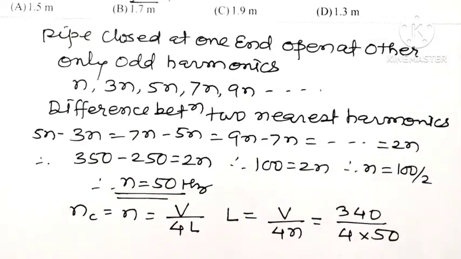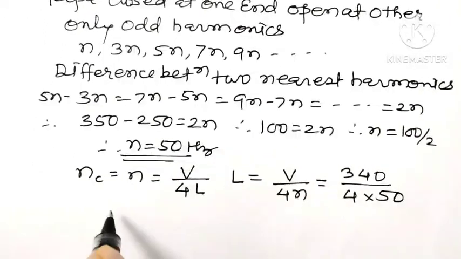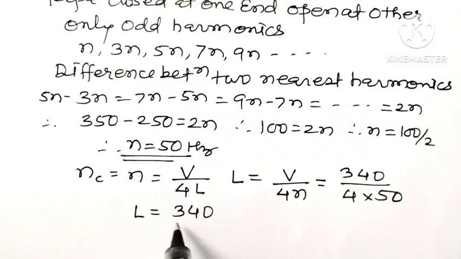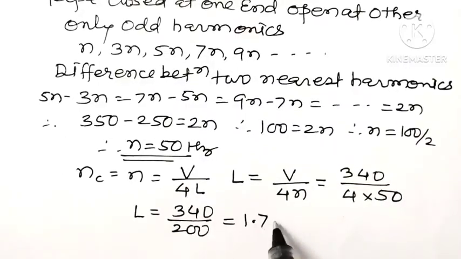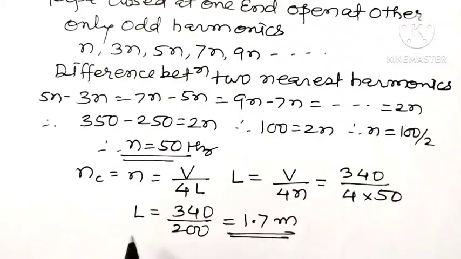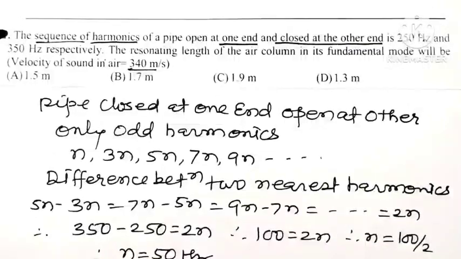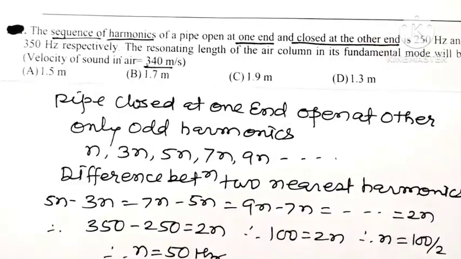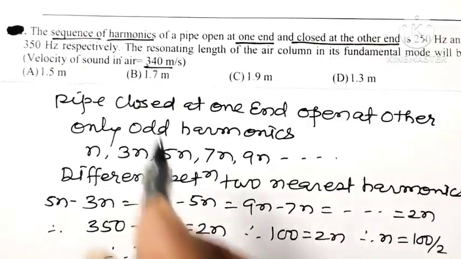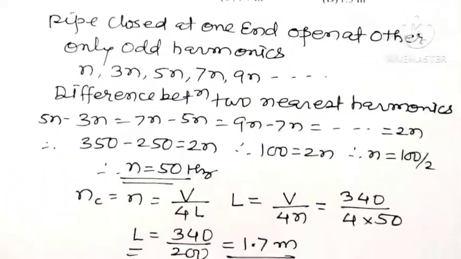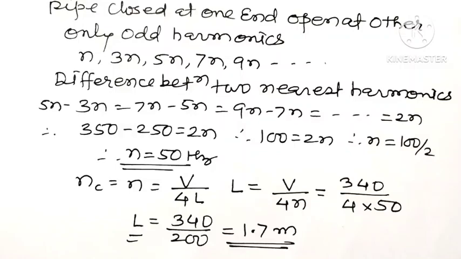So L is equal to 340 divided by 200, or 1.7 meter. So the length of the air column in its fundamental mode is 1.7 meter. Out of the 4 options, option B, 1.7 meter, is the correct option for this question.